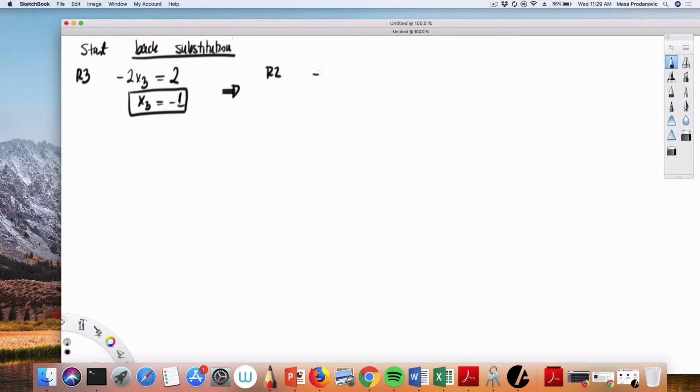R2 tells me that -2x2 plus 5 times x3, which is -1, is equal to -9. Please look at your notes and verify that that's indeed the case. And I'm not selling you snake oil here. So we had coefficients -2, 5, and -9 in that second row.